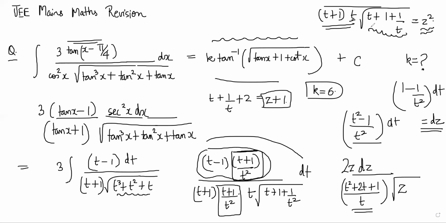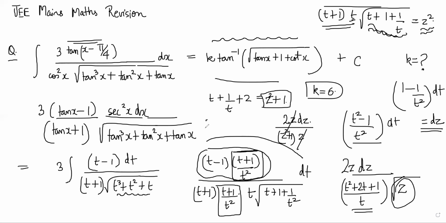If I take this as z square, then I will remove the root also in this step. So I will get integral of z plus 1 into z, and on top I'll get 2z dz, right? Z square plus 1, z square plus 1. This is z square plus 1 into z, correct.